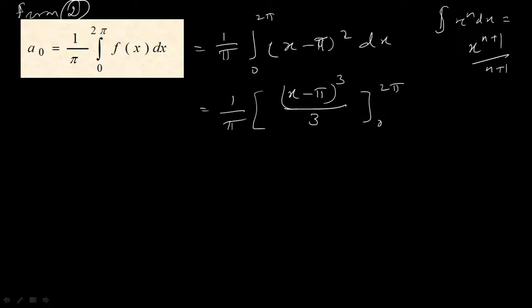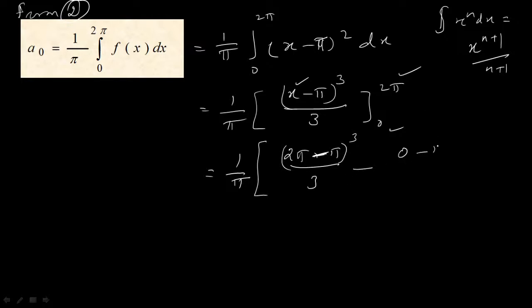Here you have power 2, so if you add 1, 2 plus 1 is 3, divided by 3. So this equals 1 by pi. Let me substitute the limit. First we substitute the upper limit and then minus the lower limit. For the x term, upper limit 2 pi minus pi the whole cube divided by 3, minus 0 minus pi the whole cube divided by 3.